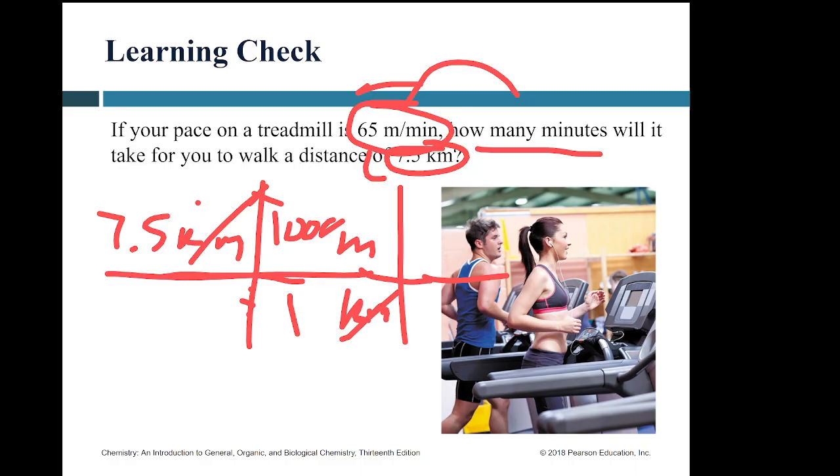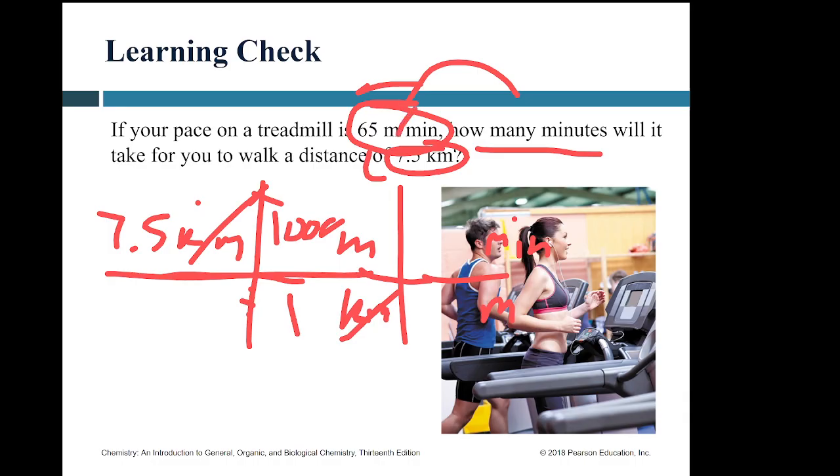And so I go ahead and go, okay, I want to get rid of meters, so meters has to be on the bottom. On the top, what do I have to have? Minutes, exactly. Because that's the relationship I'm using here, that conversion factor. And so I go ahead and start filling in the numbers now.